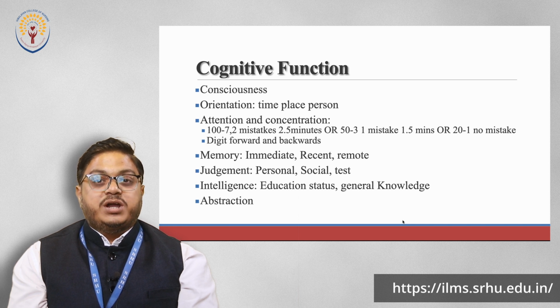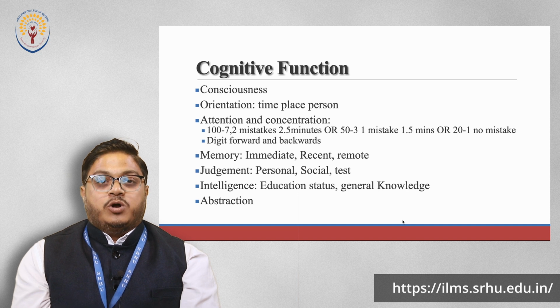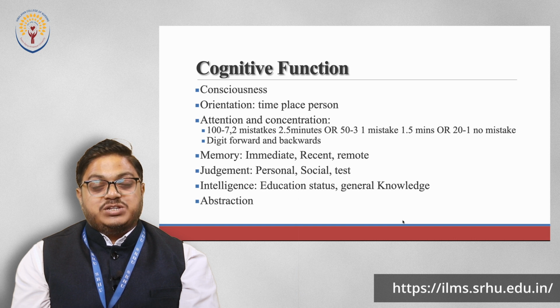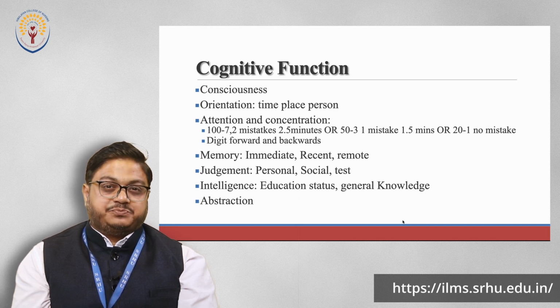Then lastly, orientation of time. In orientation of time, we again ask a set of questions: what time of the day is this, which day is it, what is the date today, which year is this. When the patient answers all these questions, we say that the patient is oriented to time.